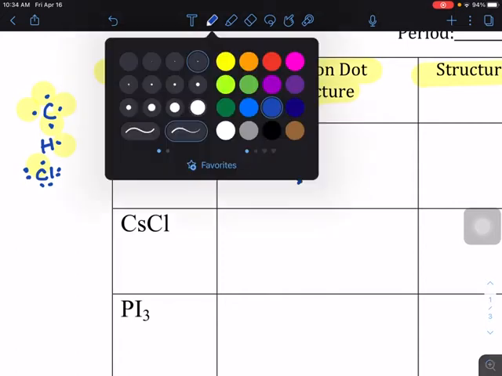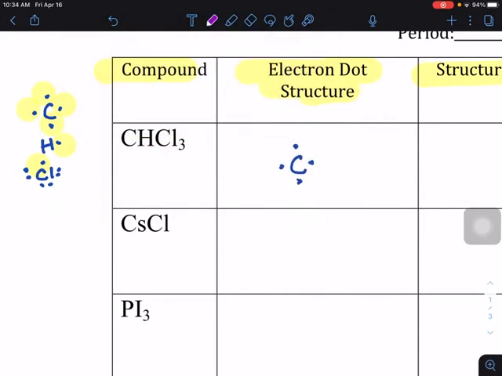Then we can put our other elements here. Let's put chlorine, and each chlorine has 7, so we'll put 1 right there, 2, 3, 4, 5, 6, and 7. That's one of the chlorines, and remember there's 3 chlorines. That subscript right there tells you how many that you have. There's another chlorine, 1, 2, 3, 4, 5, 6, 7.